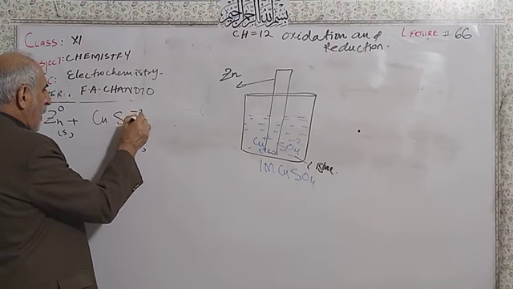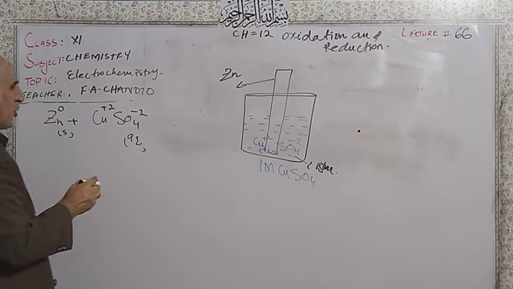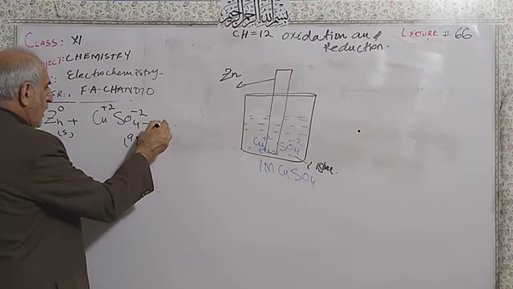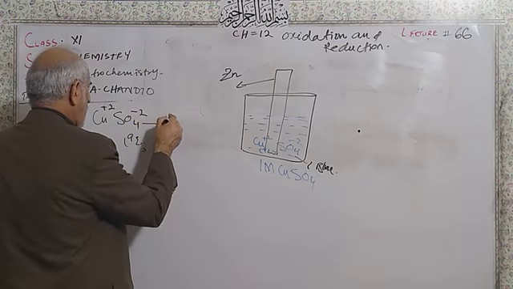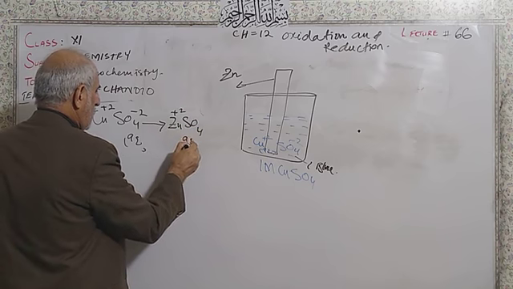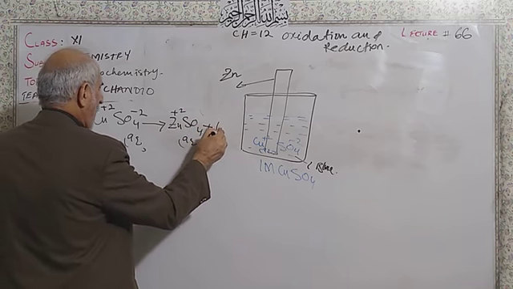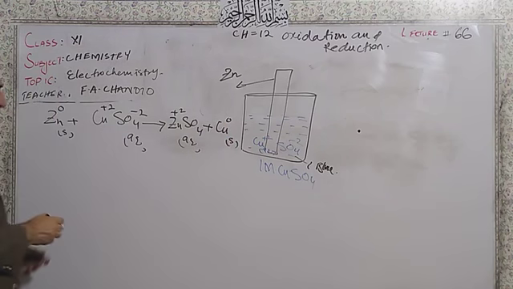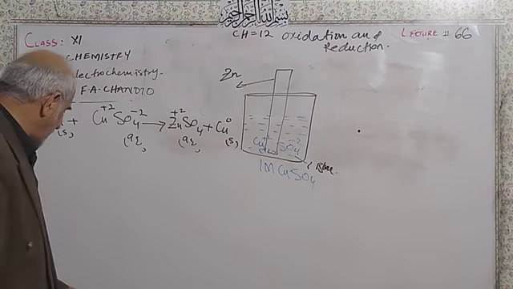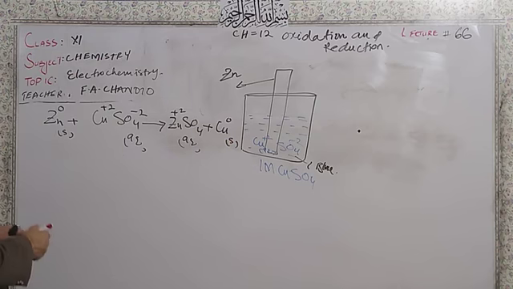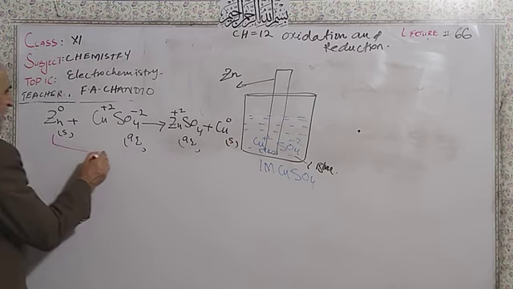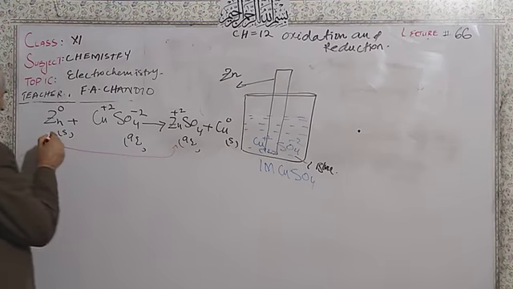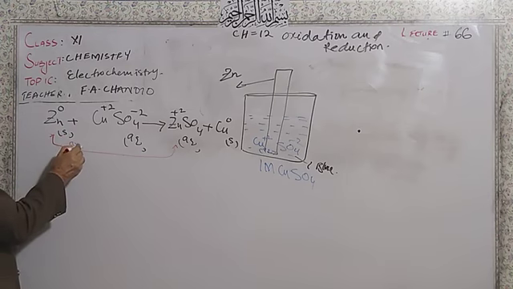There is a dissociation into ions and it changes into zinc sulfate and solid copper. This reaction is called a displacement reaction.